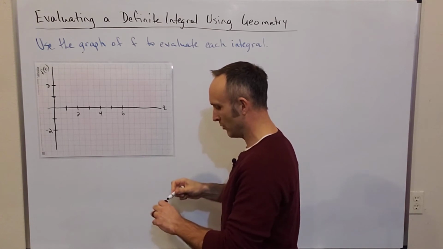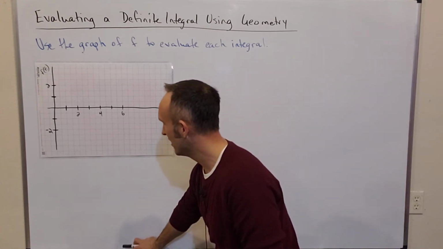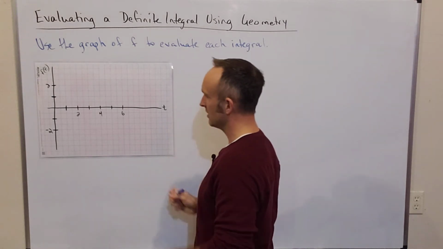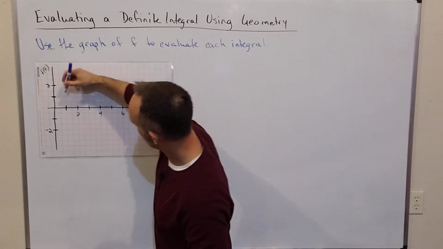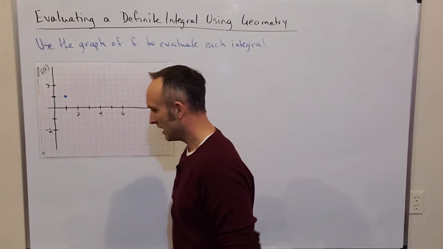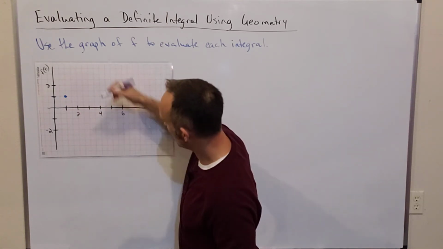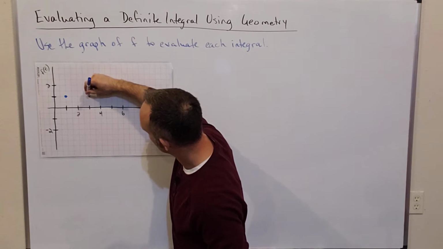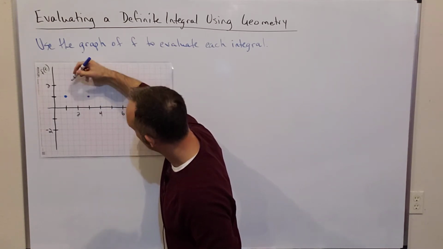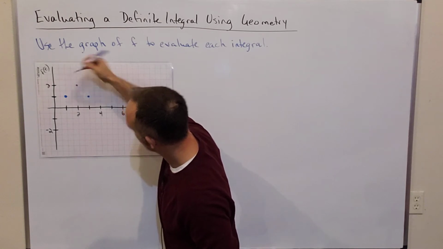All right, so now we've got our grid set up, and let's start to graph the function f. Let's start at the point (1, 1) with a closed circle. And then we'll go over to the point (3, 1) with another closed circle. And then we'll have a closed circle at (2, 2) as such.